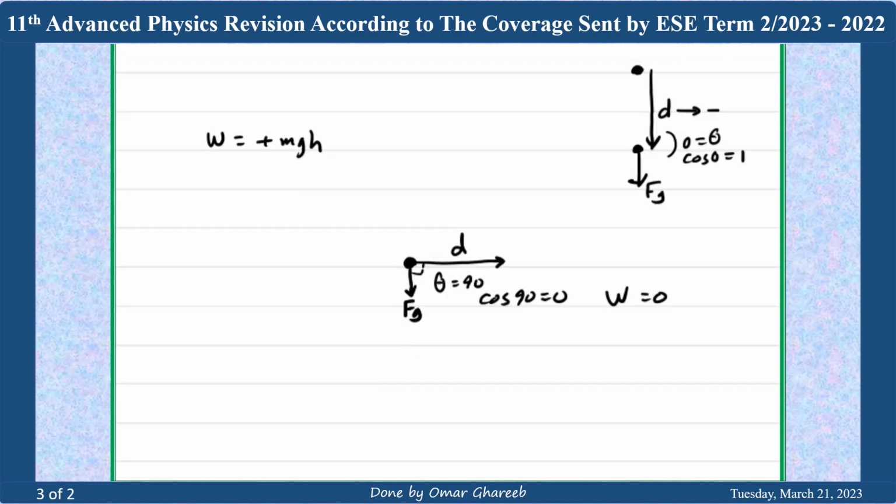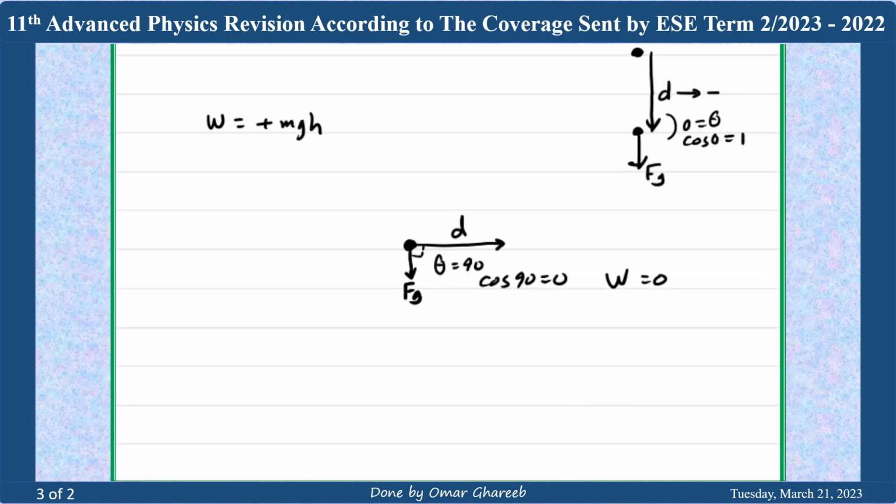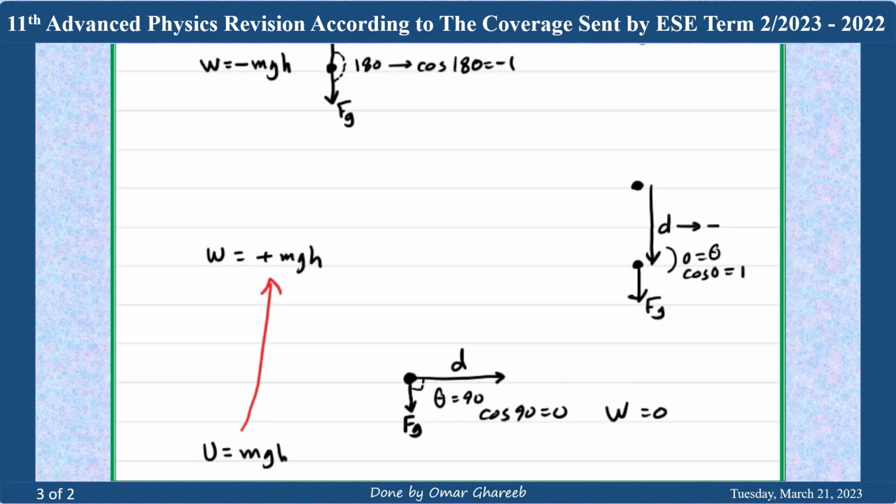What about the relation between work done by the gravity and the potential energy? We know that the potential energy, U, equals mgh. Compare it with the work done by the gravity in these cases, even in the third one.